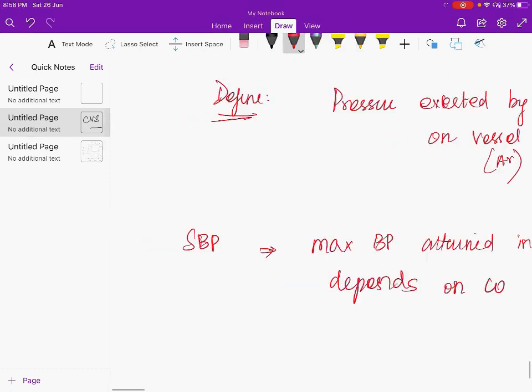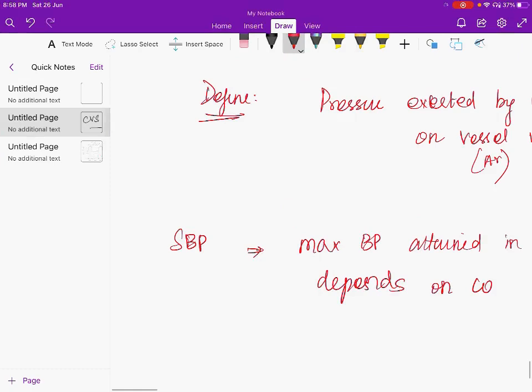Then diastolic BP is the minimum BP attained at the end of the systole, normally around 80. We can have a range of 60 to 80, and it depends on peripheral vascular resistance.